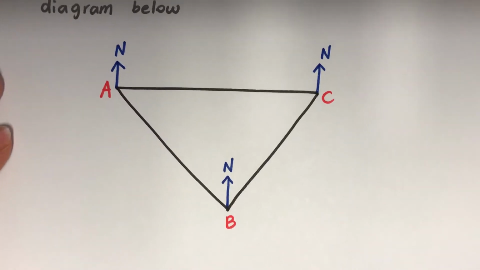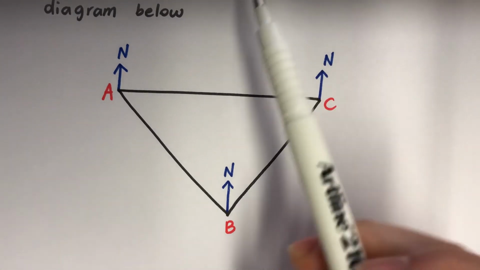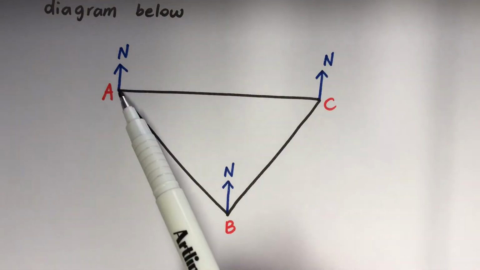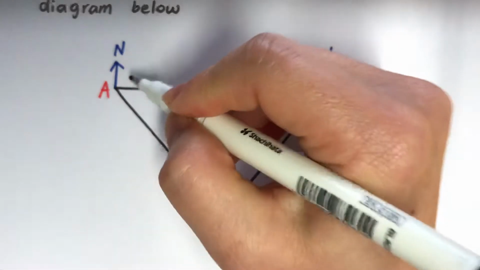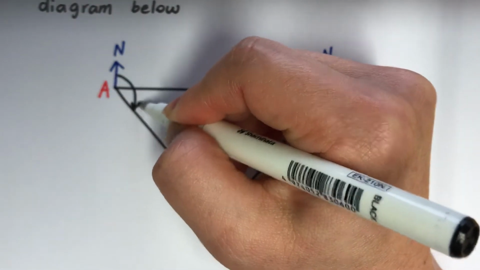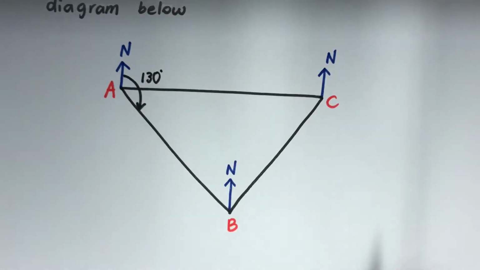So here is the diagram. So let's see, it was going from A to B. The bearing was 130, so I'm going to put 130 degrees right there.